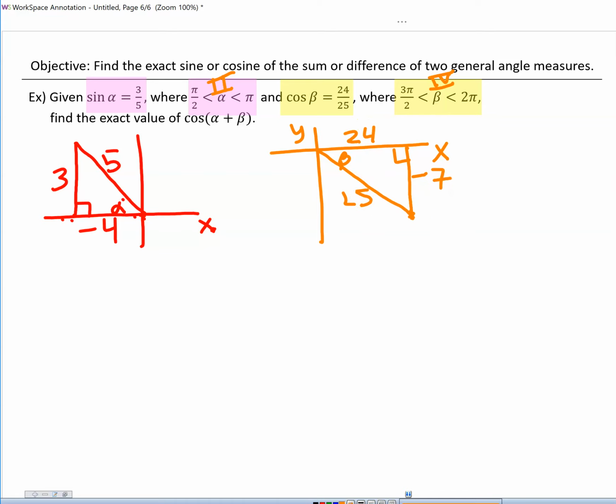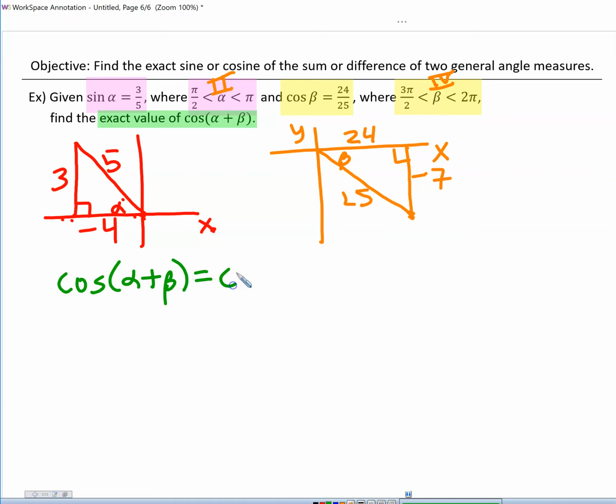So now we're going to take a look at what we want to find. Here we want to find the exact value of cosine of alpha plus beta. So now we need our identity. So we have the cosine of alpha plus beta.